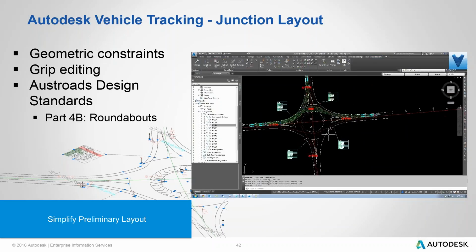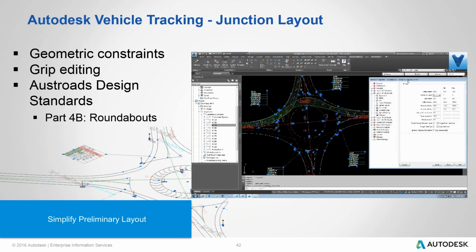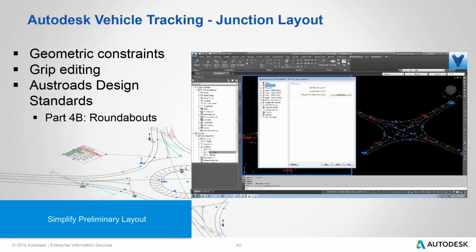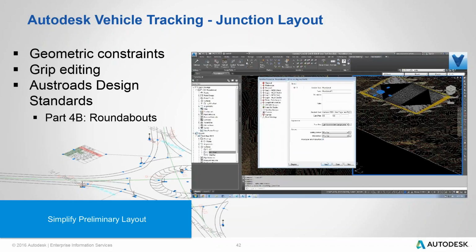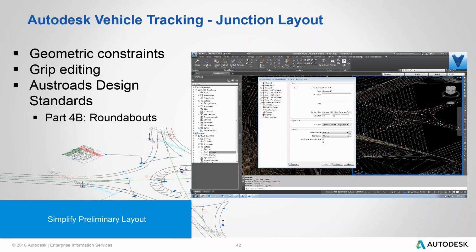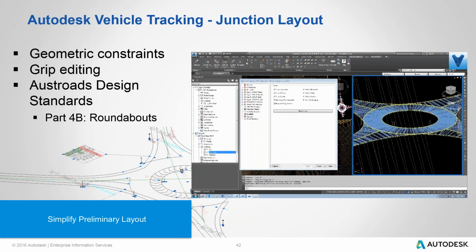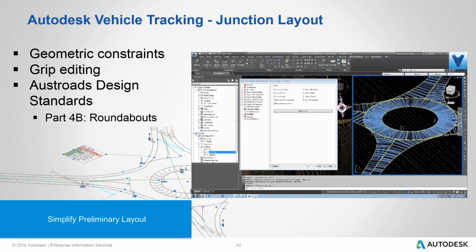And as it's built in with Autodesk Vehicle Tracking, swept path analysis is very simple, as you can see in the video. We can then select that 2D layout and have Autodesk Vehicle Tracking create the 3D model for us with all of the corridors linked.